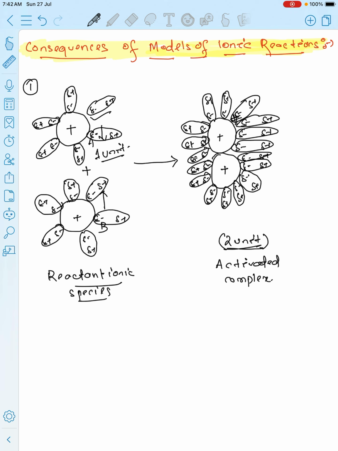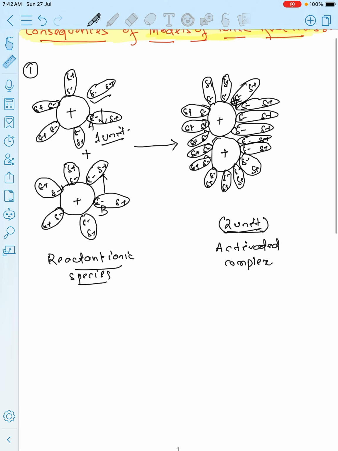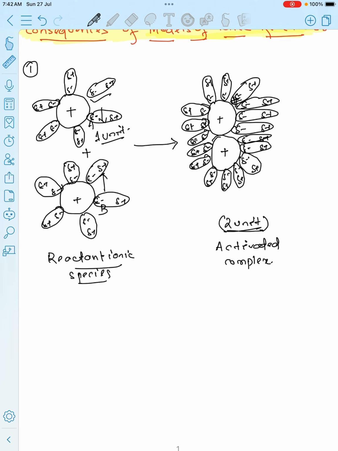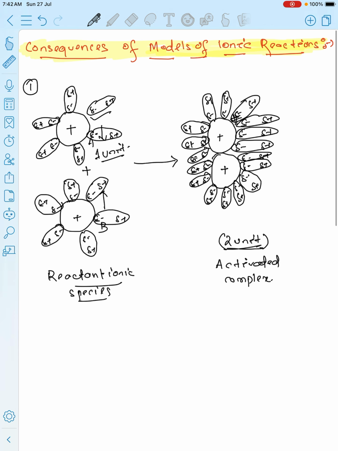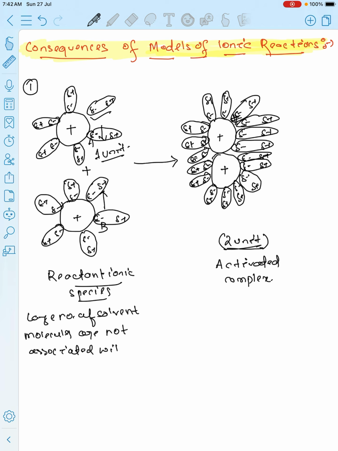So what does this signify? That means in the reactant state, a large number of solvent molecules will be there which are not associated with the reactant ionic species.